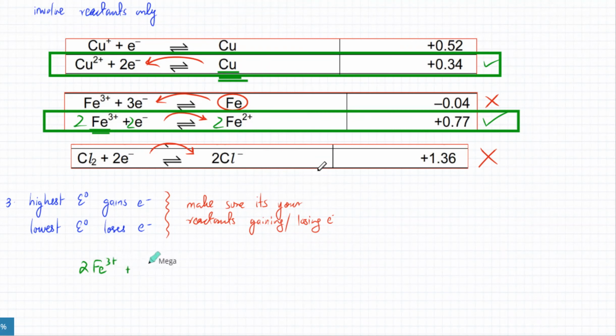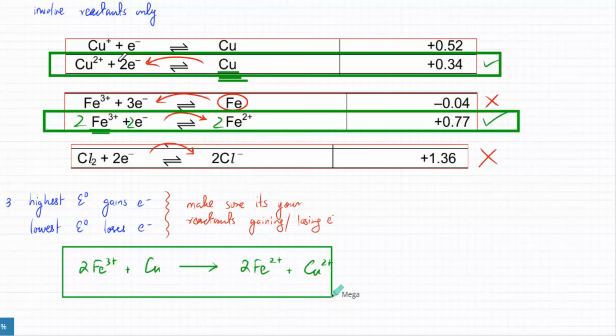In the first one, the reactant is copper, and the products are 2 Fe2+ and Cu2+. This was my reactant over here, and this was the reactant over here, and these are the products. So that's my overall reaction, and I've found my overall reaction.